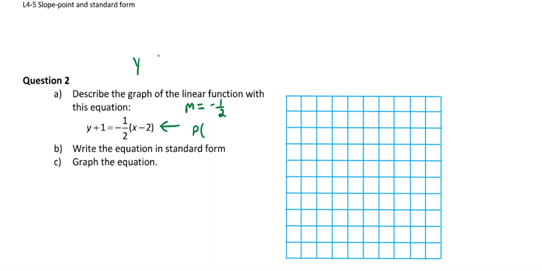If the equation is y minus y1 is equal to m times x minus x1, okay, if I want to figure out what the point is here, it's always going to be the opposite of the signs, right? So in this case, if this is -2, then the point would actually be 2 for my x value. And if it was +1, it's actually going to be -1.